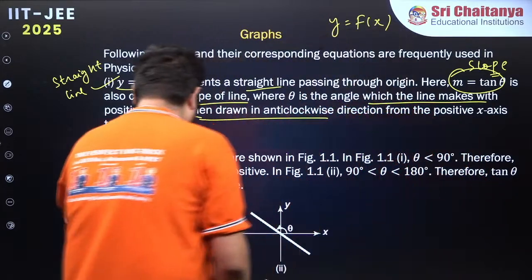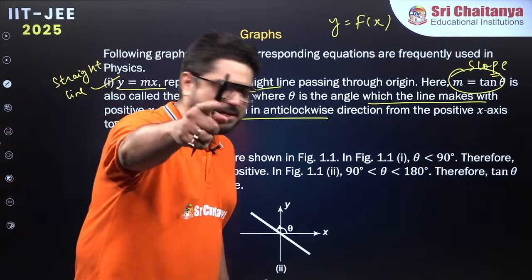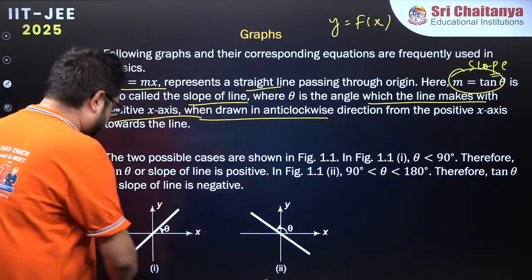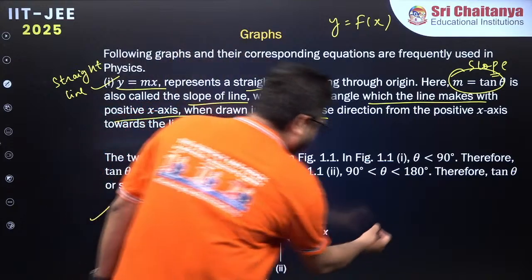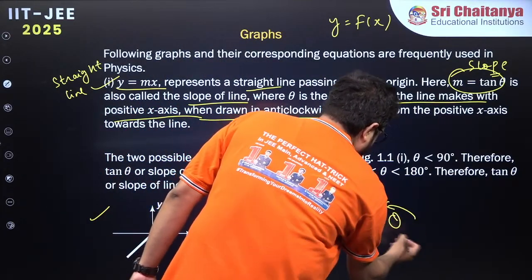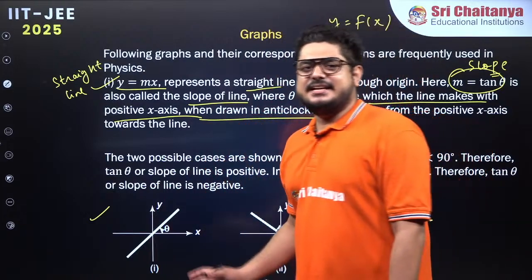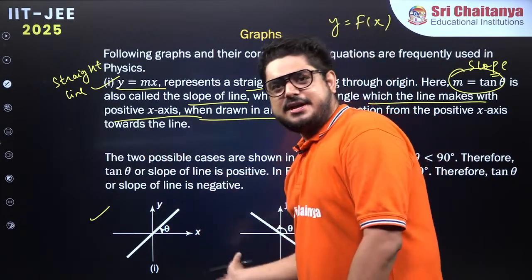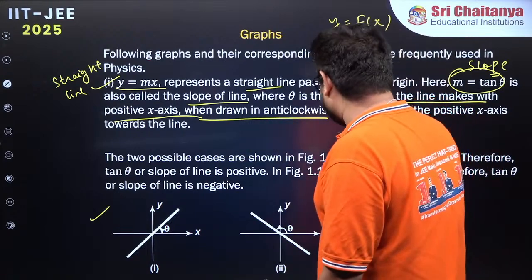So these are the two orientations of straight lines passing through the origin, if you're able to see. The one represented on the left, θ is an angle rotated in the anti-clockwise or counterclockwise direction. So the two possible cases are shown there.